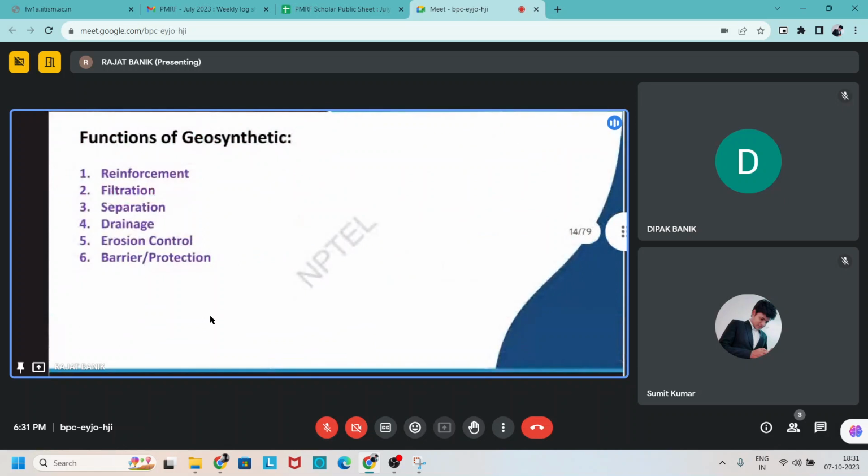Now, the different functions of geosynthetic material. How many ways can we use this type of synthetic material? We will now discuss what the different functions of this geosynthetic material are, one by one. First, we use it as a reinforcement material.